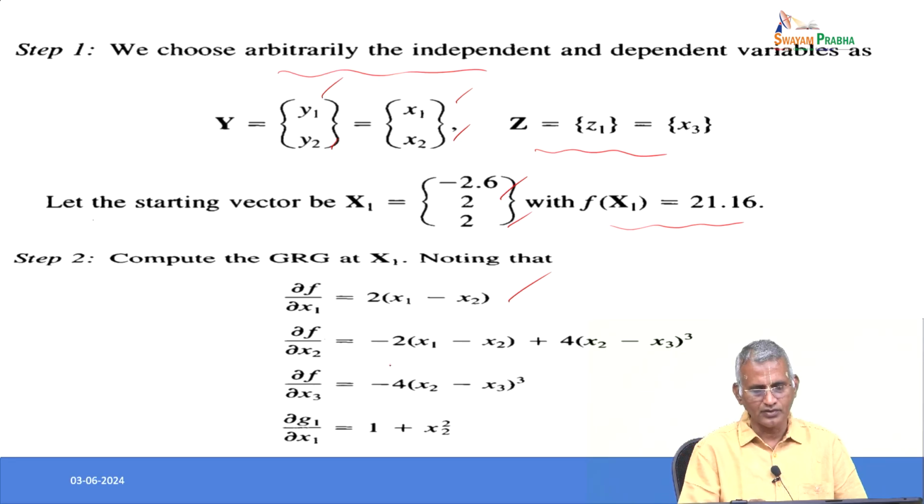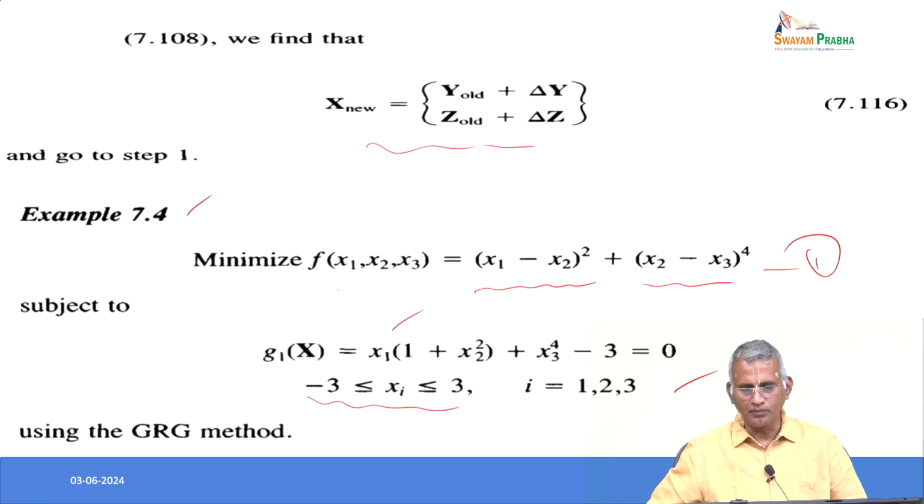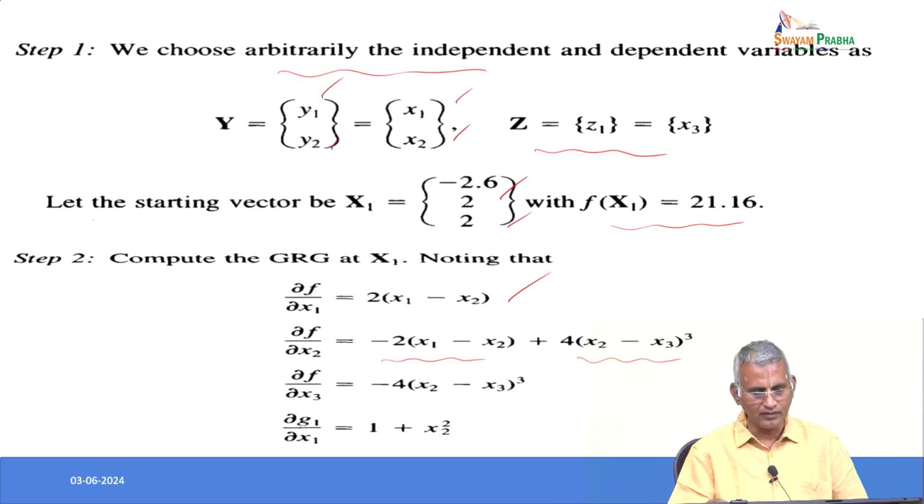We have minus 2 into (x1 minus x2) plus 4 (x2 minus x3) whole cube, and differentiate partially with respect to x3. We have ∂f/∂x3 equal to minus 4 into (x2 minus x3) the whole cube.